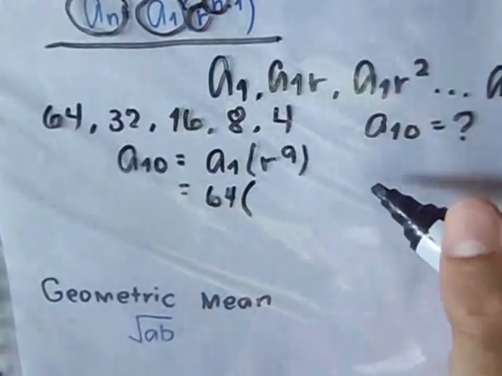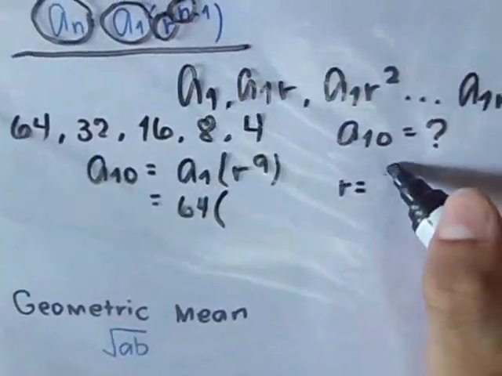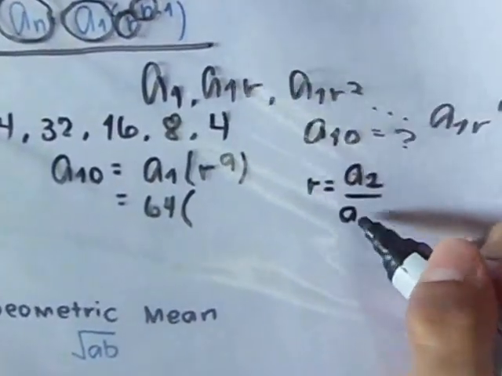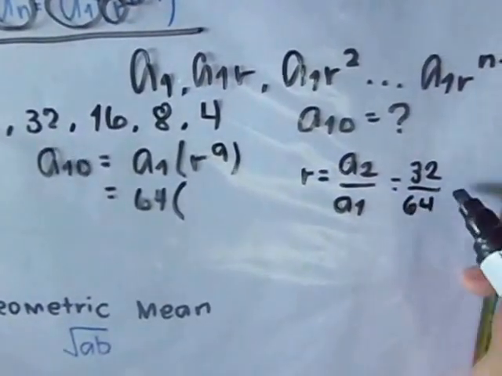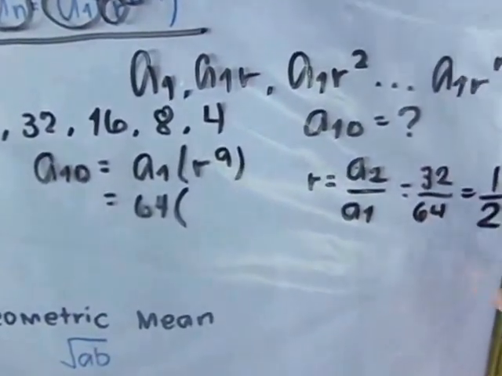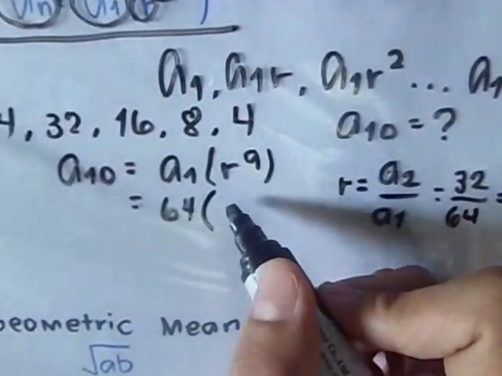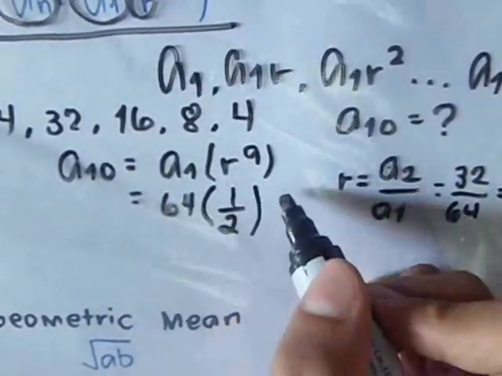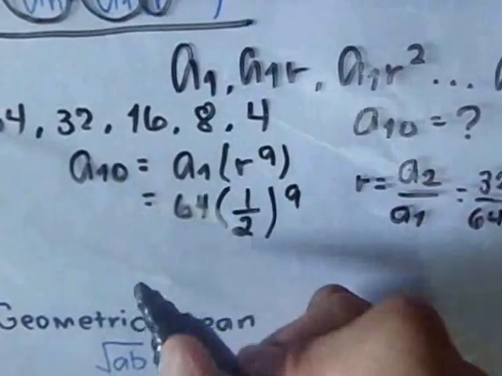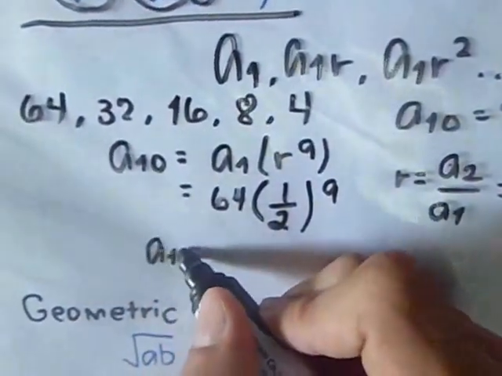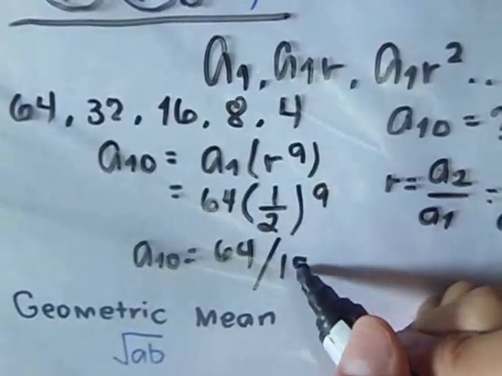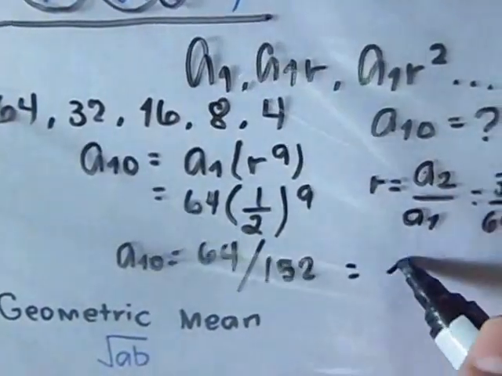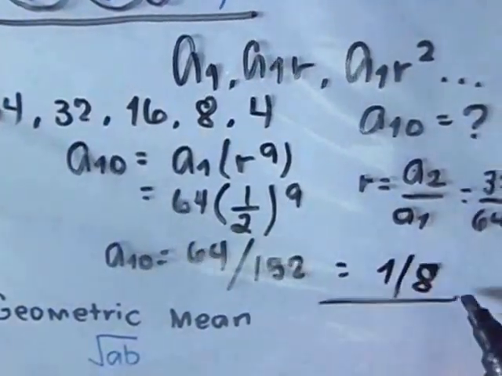Multiplied by r, we have r is equal to a sub 2 over a sub 1, which is equal to 32 over 64, simply equal to 1/2. Therefore, we have 64 multiplied by 1/2 raised to 9. So we have our a sub 10, which is equal to 64 over 512, and that's equal to 1/8.